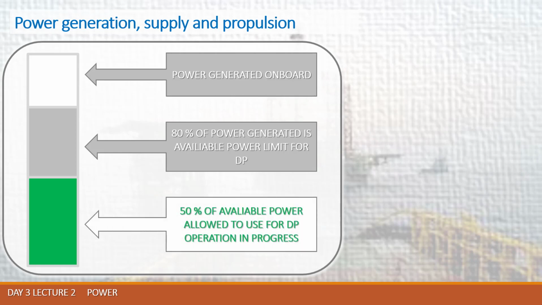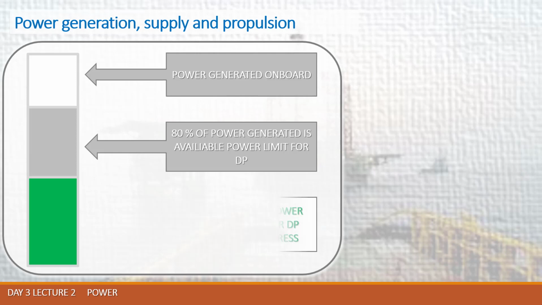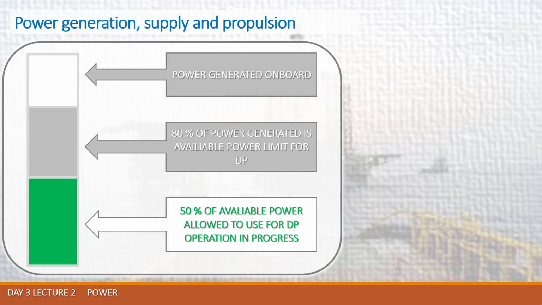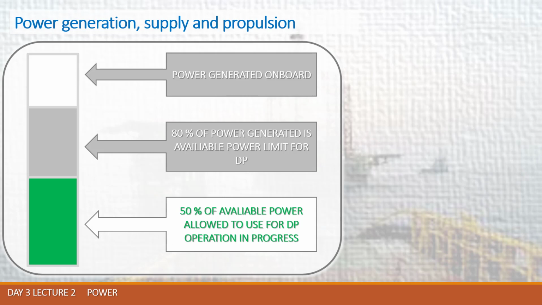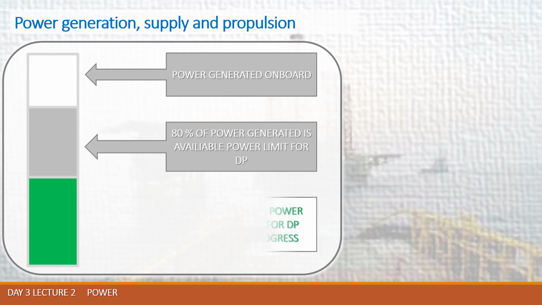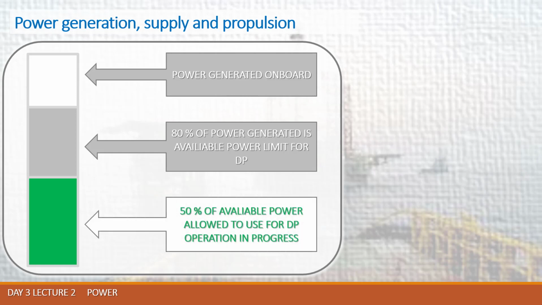Remember, gents, please, that for some specific vessels the available power concept may be adjusted differently from what we discuss here. For example, very often for diving support vessels, the available power is presented as 75% of power generated on board.